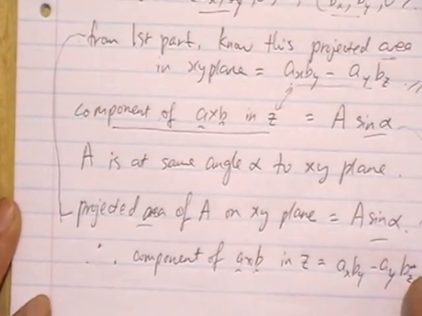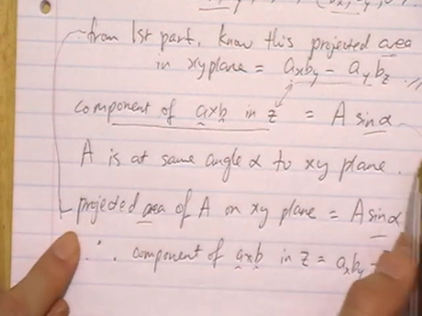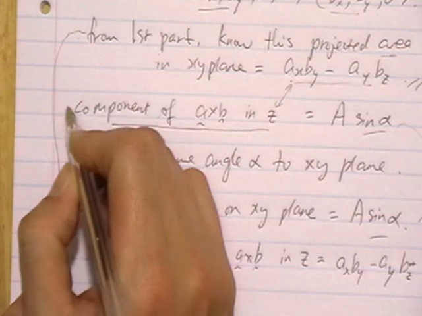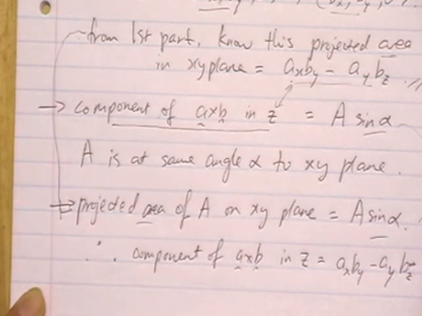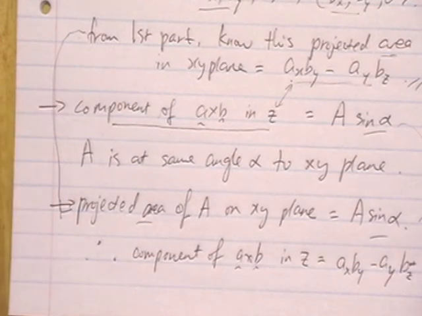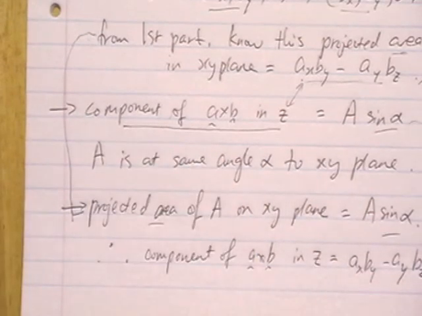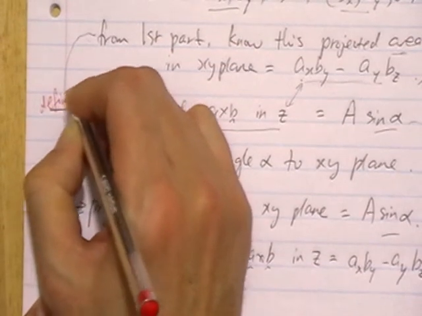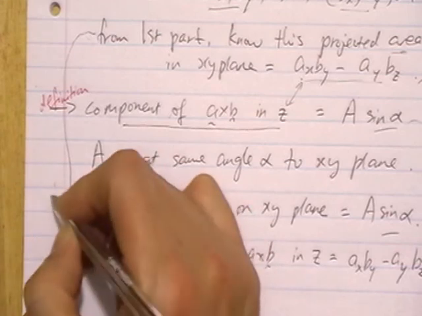Okay, so let me just summarize what I've done. This part and this part come from the definition. So this is from definition. This is also from definition.